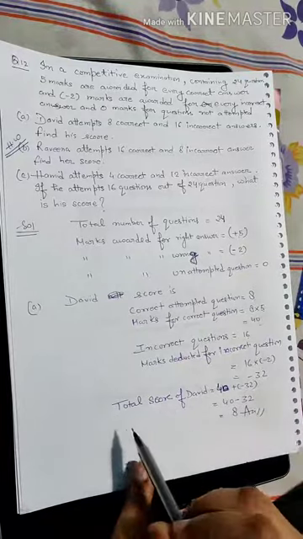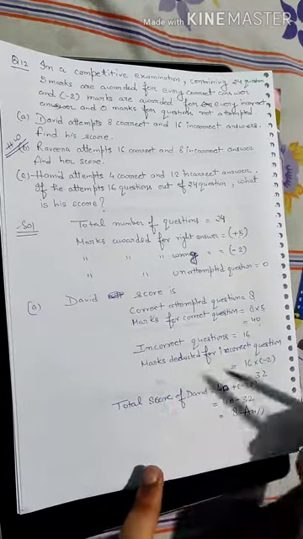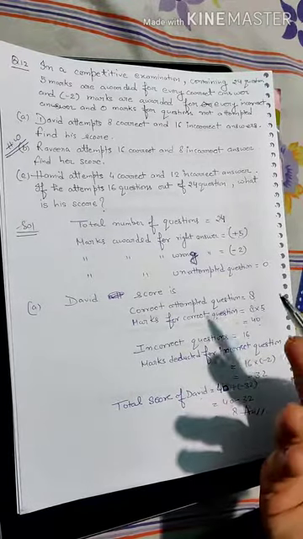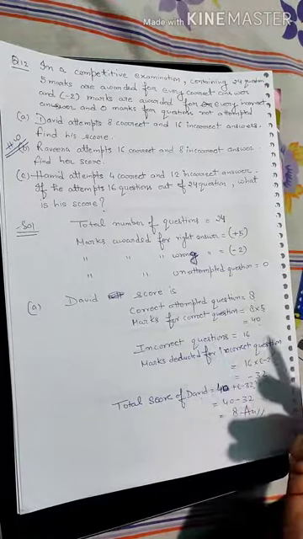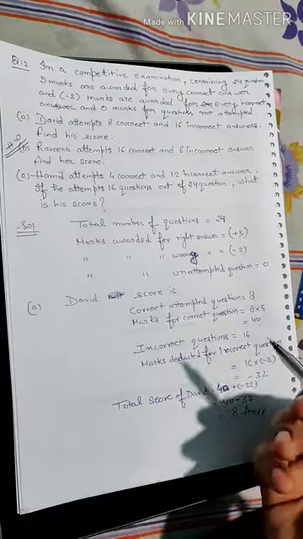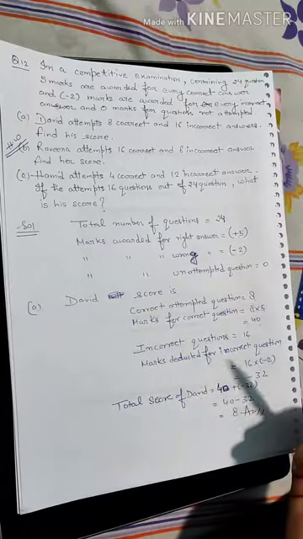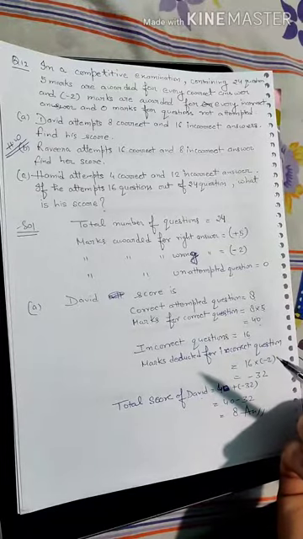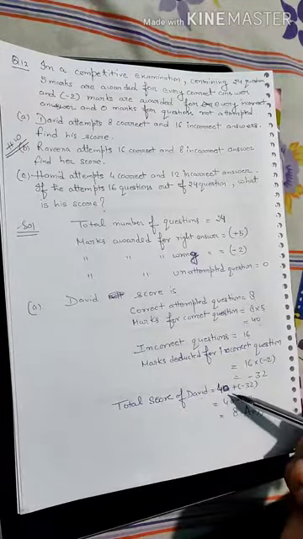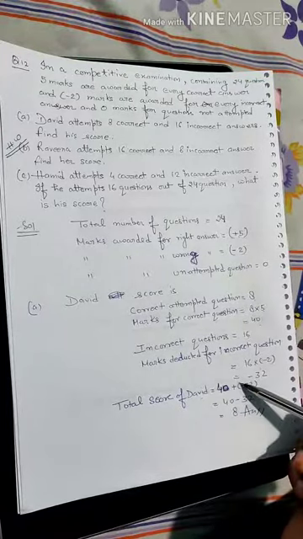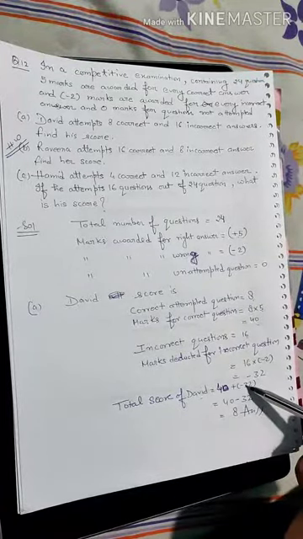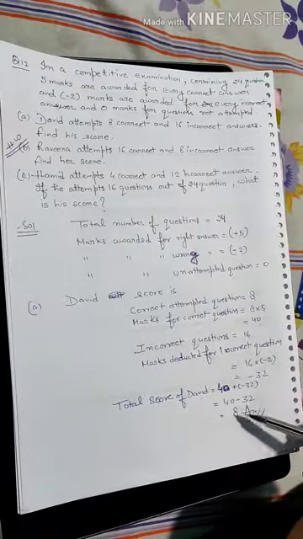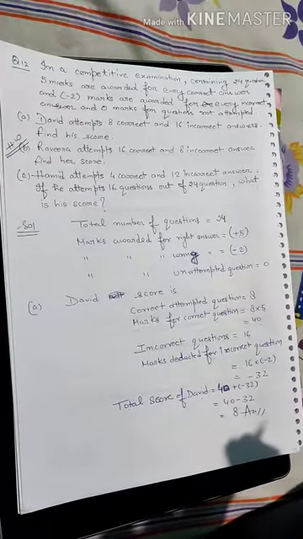And one more thing, David didn't leave any question, so he attempted the full 24 out of 24 questions. So there is no unattempted question in the case of David. So the total score will be 40 plus bracket minus 32. When the bracket opens, plus times minus gives minus, so 40 minus 32 is 8. Simple.